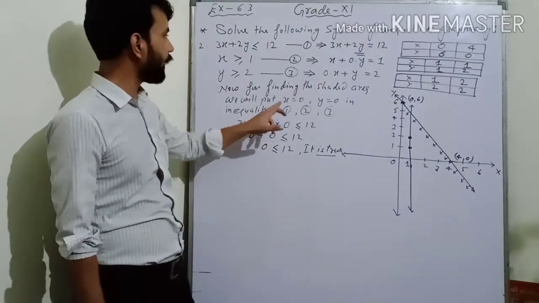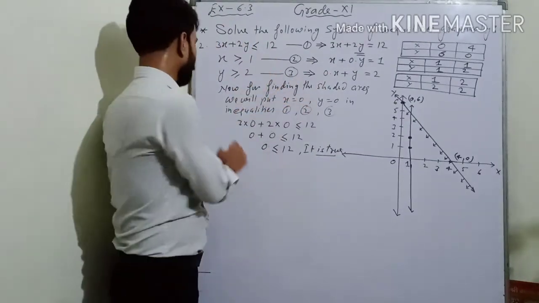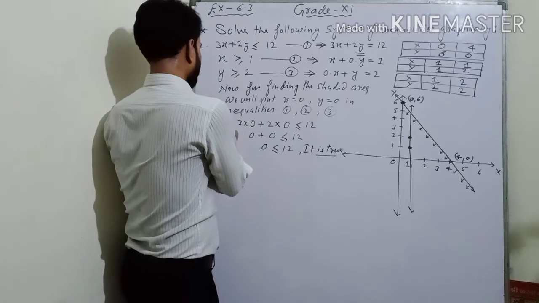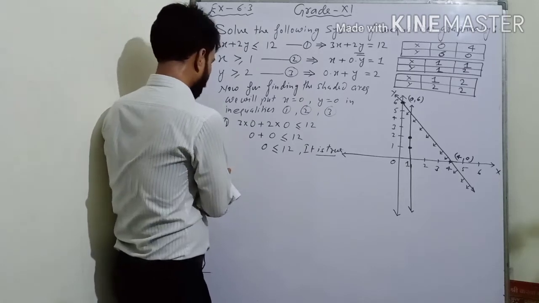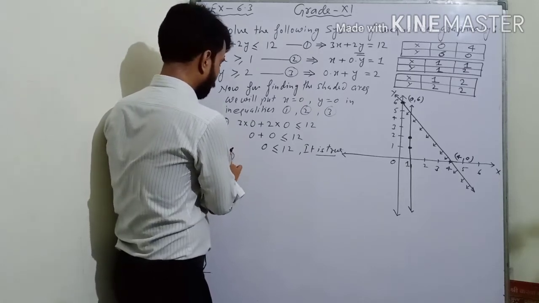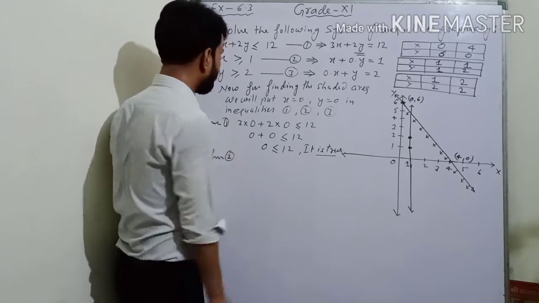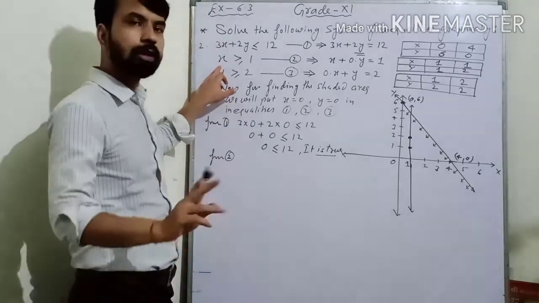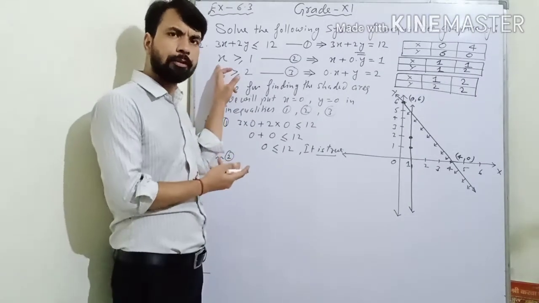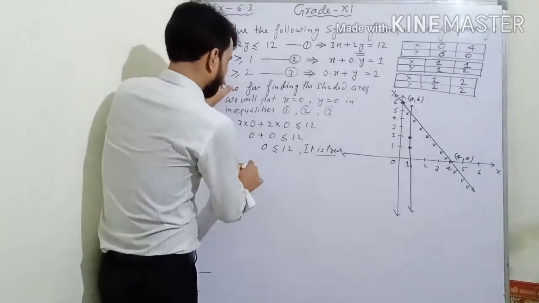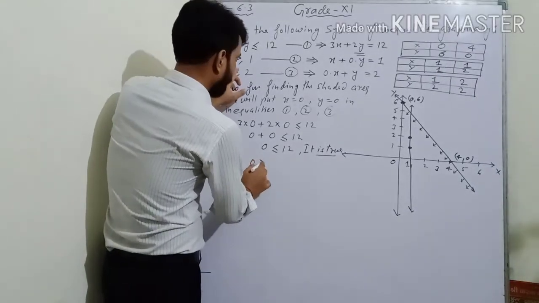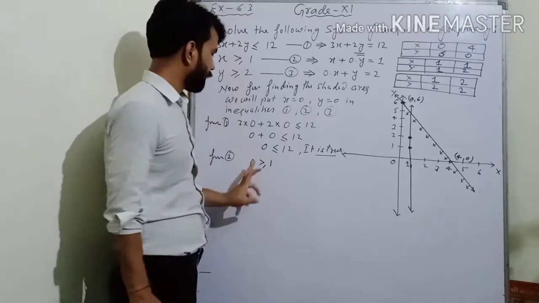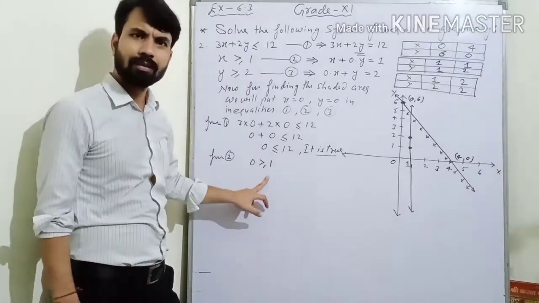Now we have to put x 0, y 0 in the second inequality. From the second, x equal to 0 and y equal to 0, but y is not here, so we will put x as 0. So 0 is greater than or equal to 1. But 0 is greater than or equal to 1 is false.